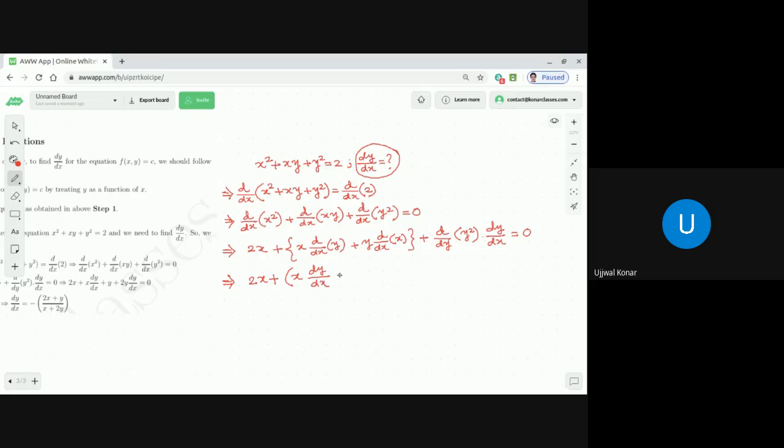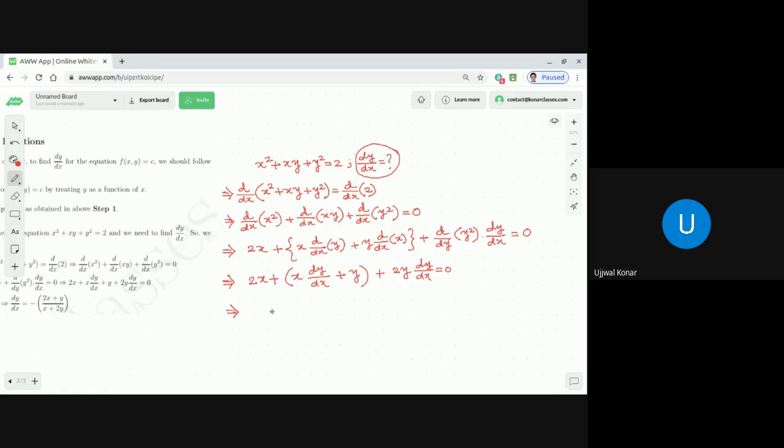Correct or not? Plus y into dx/dx, that is 1. Plus d/dy of y squared, that is 2y into dy/dx, equal to 0.